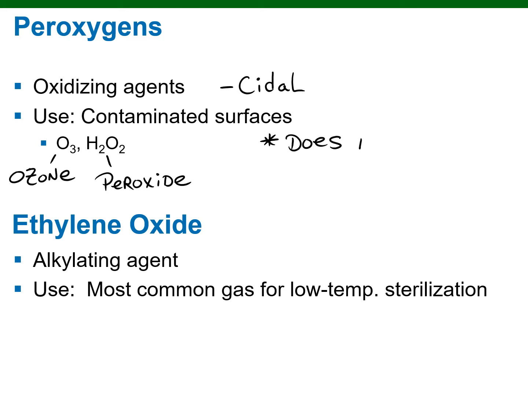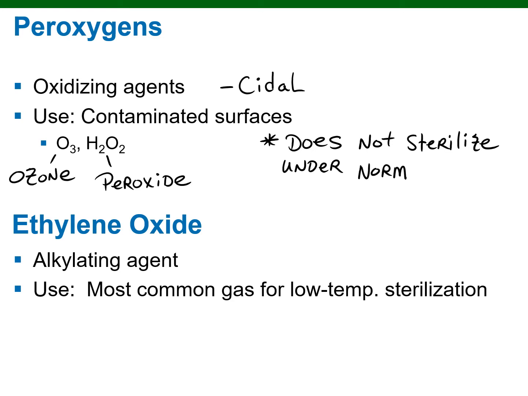For the most part, they would not be relied upon for sterilization, but still extremely effective at decontaminating, at killing most of the microorganisms that they come into contact with. Sterilization is not achieved under normal concentrations.